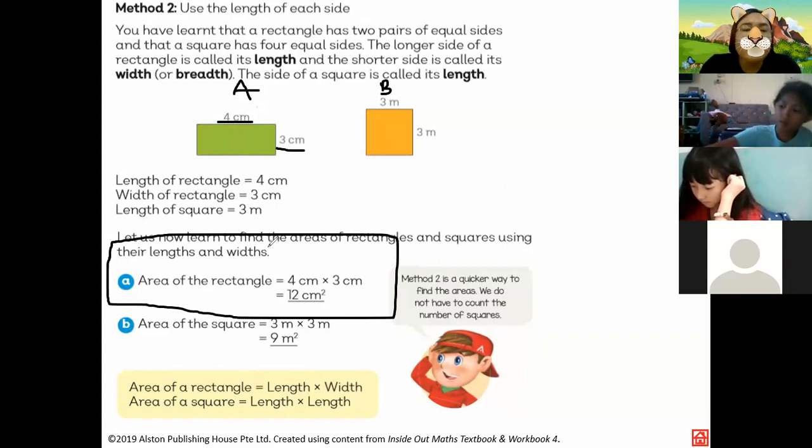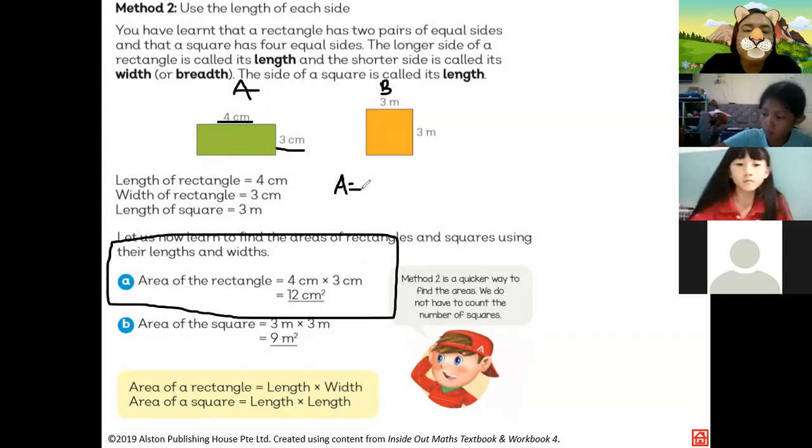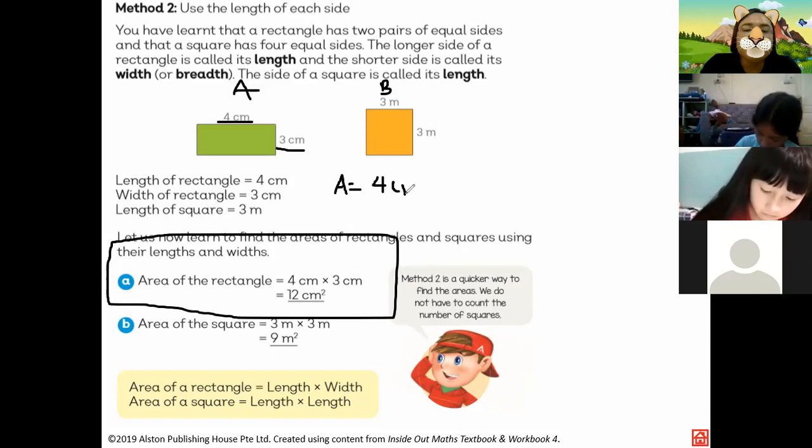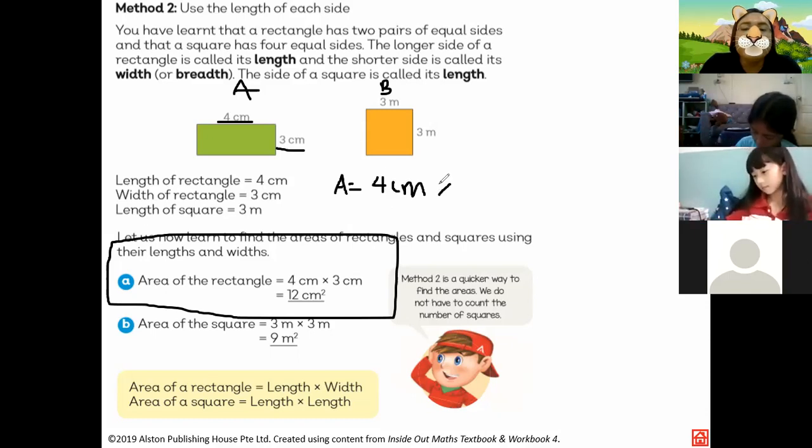So here's what we're going to do. The area of letter A is equal to 4 centimeters multiplied by 3 centimeters.